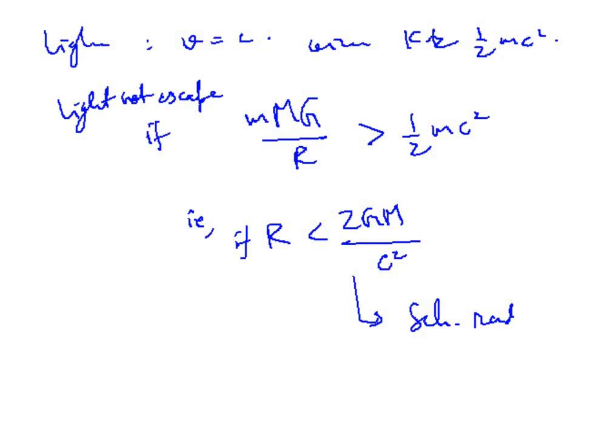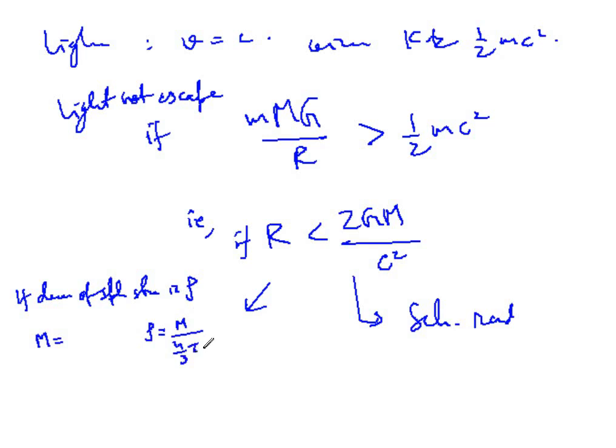Now we may take this argument a little bit further. Let us consider like this. If the density of a spherical star is rho, then from this condition, considering the mass, basically you consider rho is equal to m by v, that means 4 by 3 pi r cube.